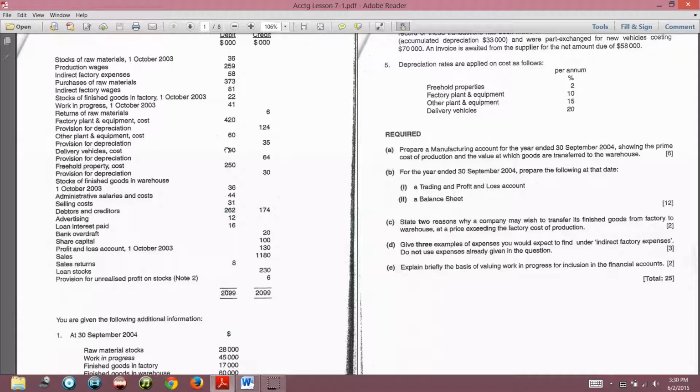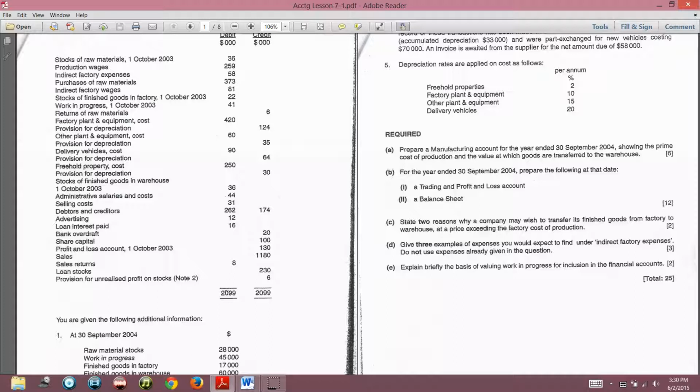Take your calculator: 90 minus 40 is 50,000, and they were part exchanged for a new vehicle costing 70,000. So they traded in the vehicle that cost 40,000 for a new vehicle of 70,000. In other words, they sold a vehicle that cost 40,000 and bought a vehicle for 70,000.